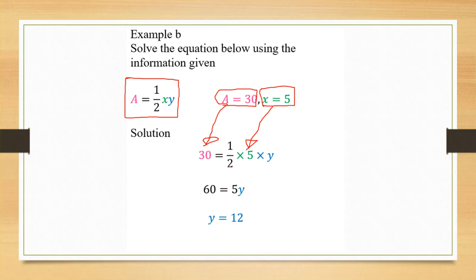So I have times by 2, first of all. So timesing both sides by 2 gives 60 equals 5y. And then I divide it by 5. You could write this as 12 equals y as a missing step, but I've just gone to y equals 12.